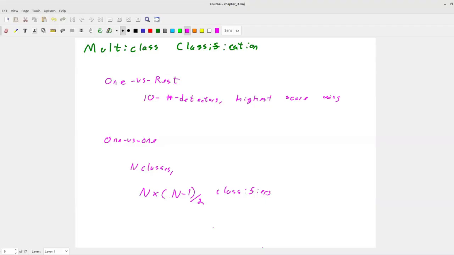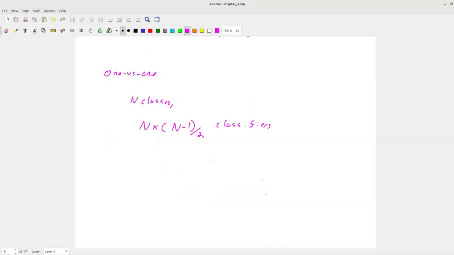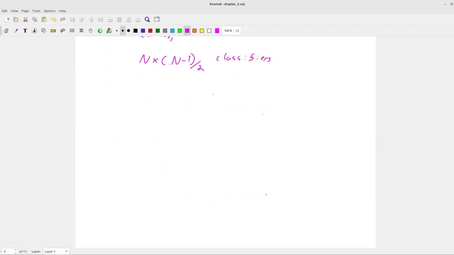If we have 10 digits for the MNIST data set, we're going to end up having to train 45 different classifiers. The primary advantage of one versus one is each classifier only needs to be trained on the relevant portion of the training set for the two classes it distinguishes. While you have more classifiers, the classifiers themselves are easier to train and easier to model, so they can be more efficient.